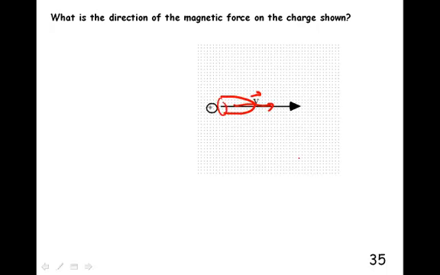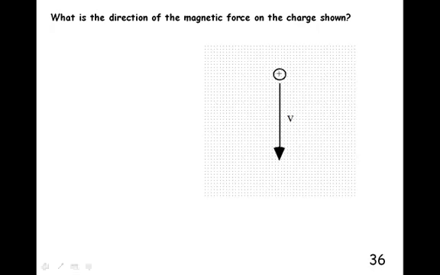Then your fingers are going to be coming out of the page, pointing at us, right at our face as we're watching this. So then that means that the force is down. V cross B: V to the right, B out of the page, and then your palm is pointing down, giving the force in this direction.